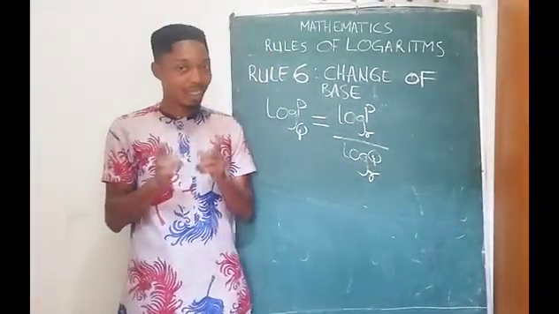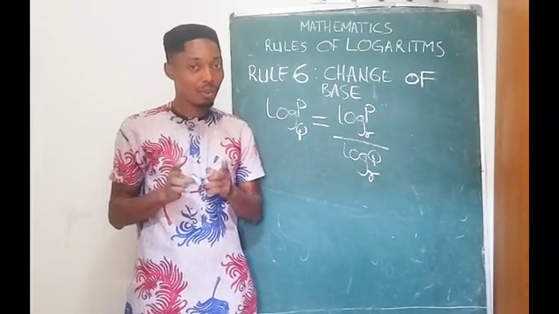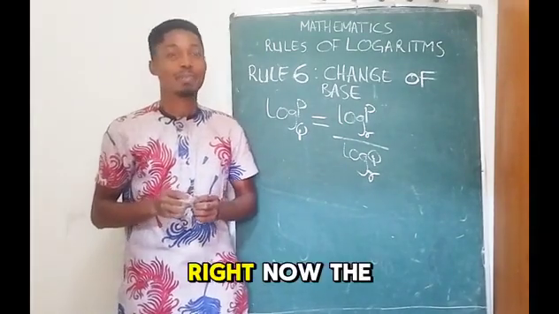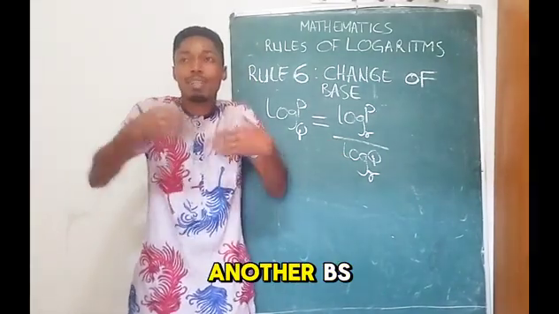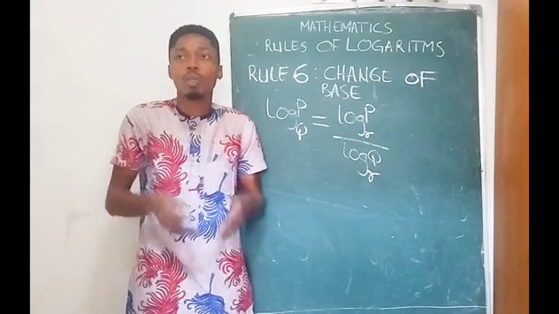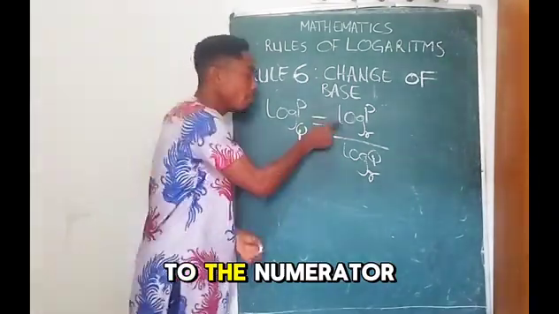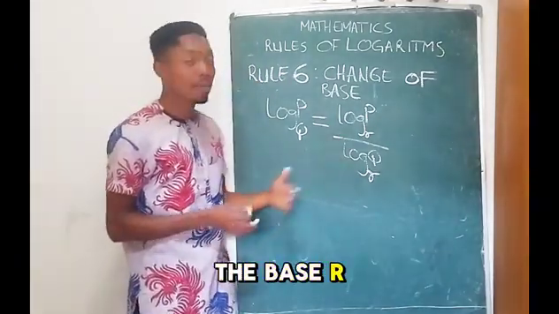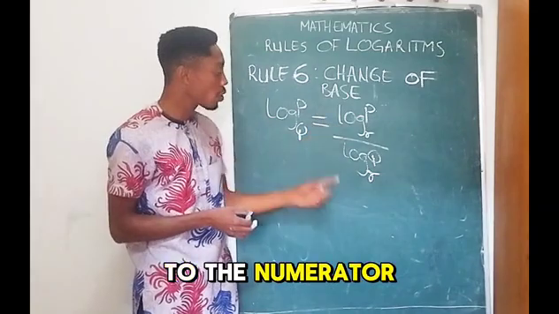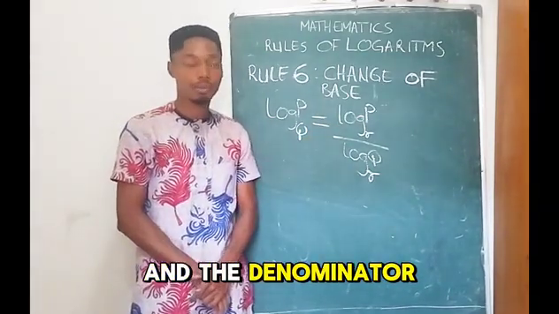Now, this would make you ask so many questions right now. The base r is another base which is common to the numerator and the denominator. I repeat myself, the base r is common to the numerator and the denominator.